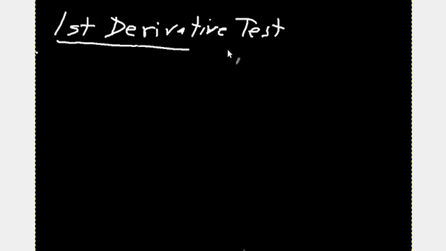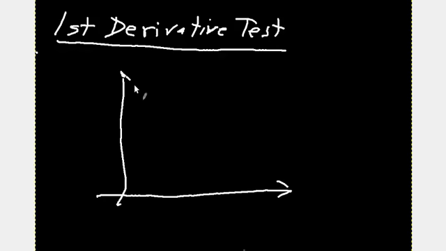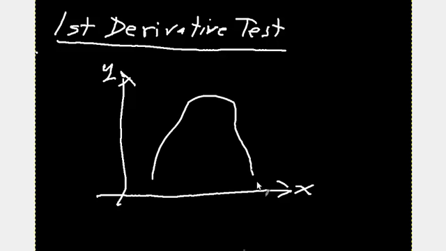If you look up the first derivative test in any calculus textbook, you'll find a lot of words. So I'm going to try to explain it somewhat more simply by way of a graph. So let's say for this graph I'm about to draw, we'll see a local maximum, which looks to occur at about there. I'll call that x equals c.